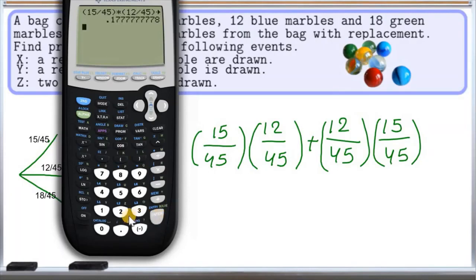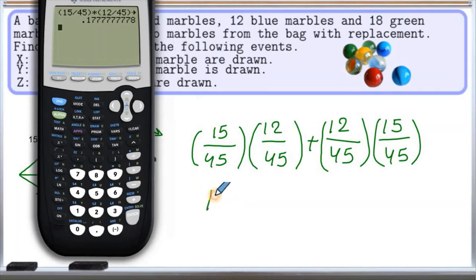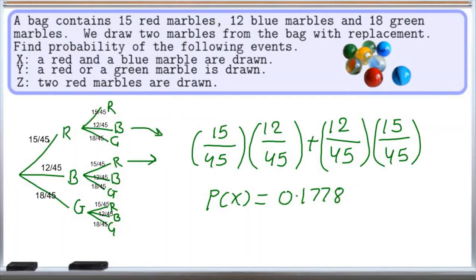Now hit enter and we have this. So let me write that over here. Therefore, probability of X equals 0.1778. Now let's move on to the second problem here. So let me erase this out.